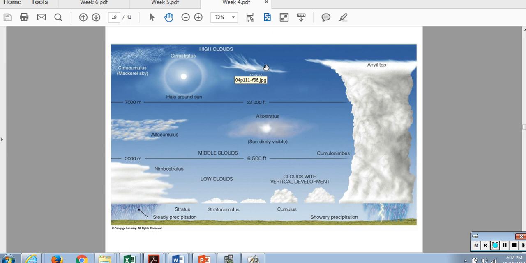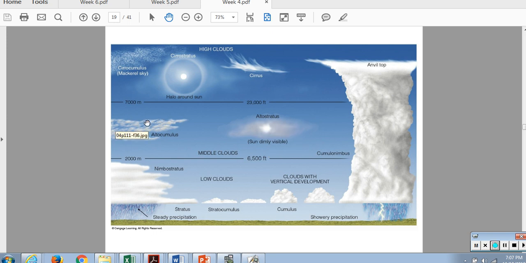Then you drop to the mid-altitude clouds, and again, alto gives us the designation for the middle layer of clouds, and we're going to use cumulus for fluffy, pile-like, and stratus for layer. Again, no moisture from these clouds either.